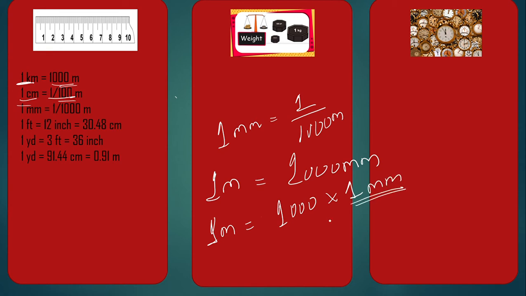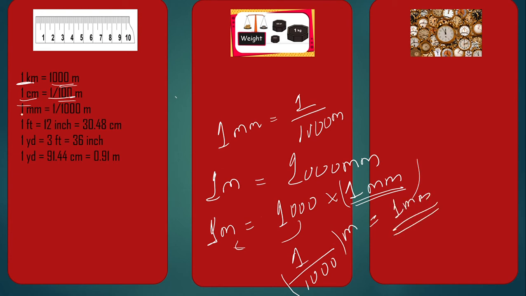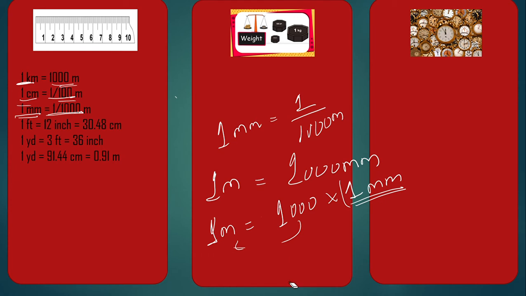Since we want only 1 millimeter, we send the other thing to the other side, so 1 upon 1000 meter is equal to 1 millimeter. Similarly, you have to remember that 1 foot is equal to 12 inches.